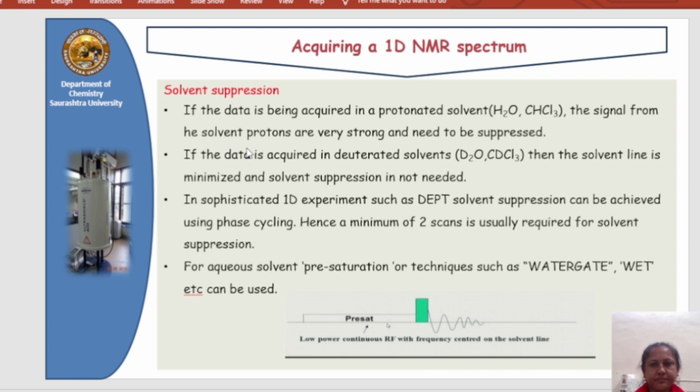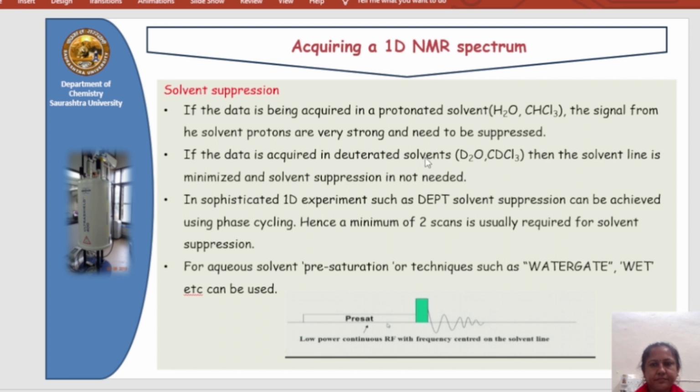So the populations become the same, meaning the population difference for the solvent is 0, and that is known as pre-saturation. When we acquire and then give the 90-degree pulse, the solvent cannot be affected. Redistribution of the solvent molecules will not take place, and that's why we suppress the solvent signal in the sample. That is known as solvent suppression.